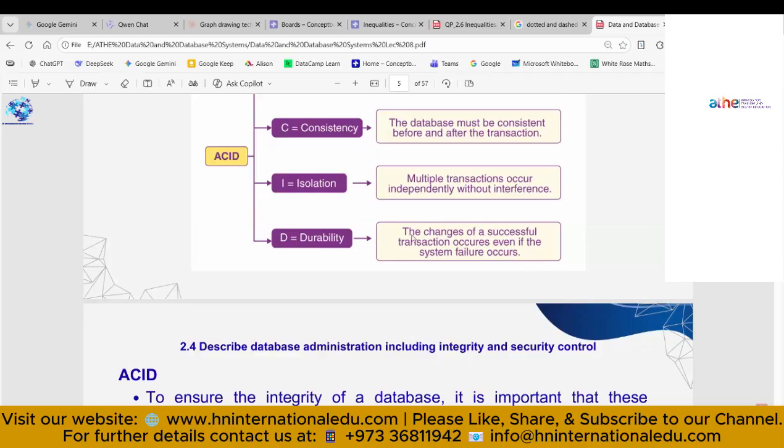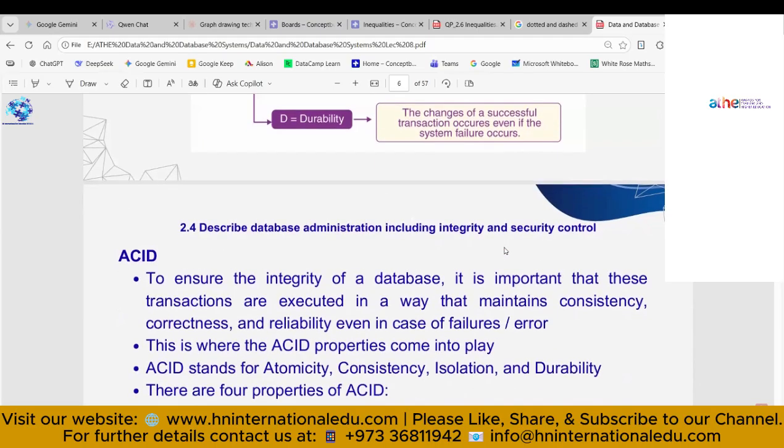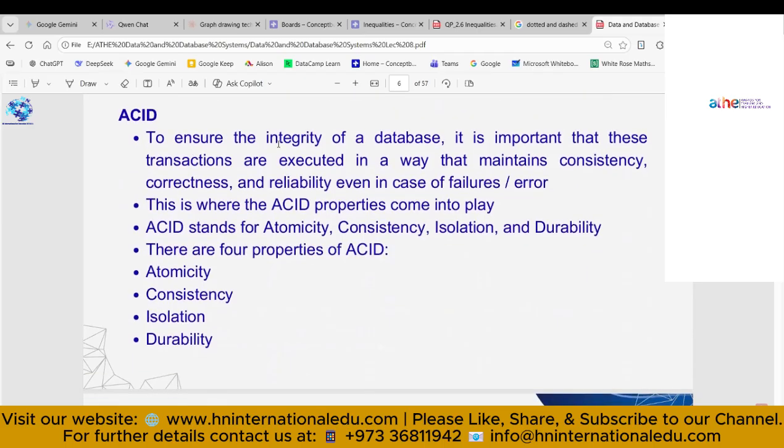Durability is related to that: the transaction's effect persists even if there is a system failure. ACID is basically to ensure the integrity of our database. It is important that transactions are executed in a way that maintains consistency, correctness, and reliability, even if there is a failure in the database.